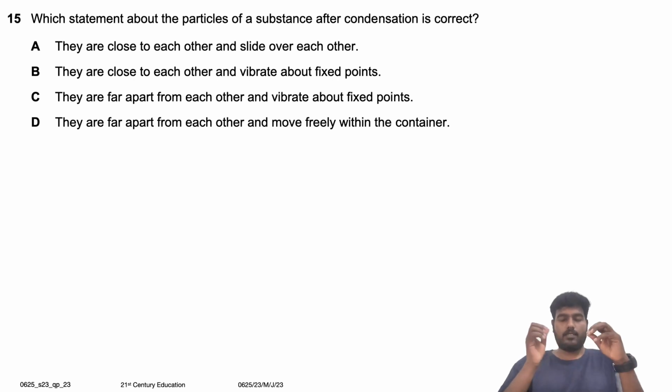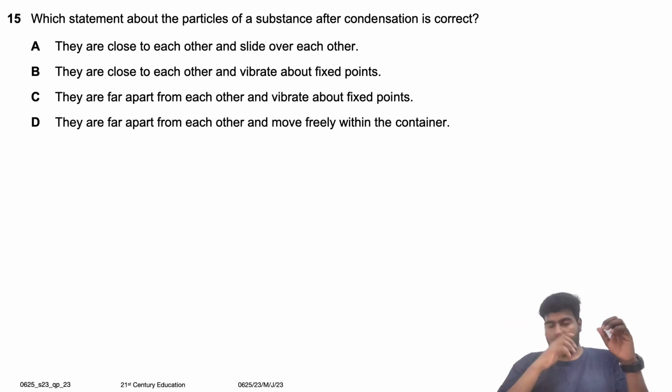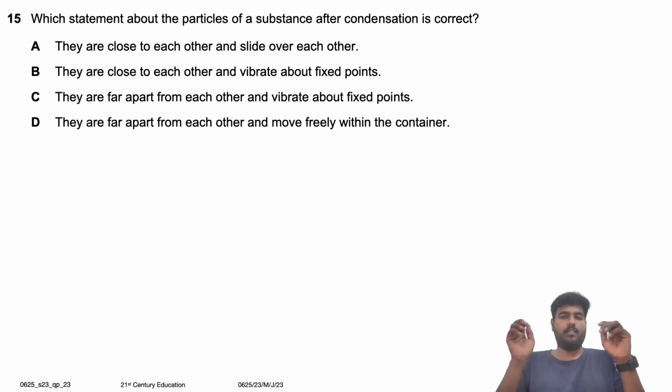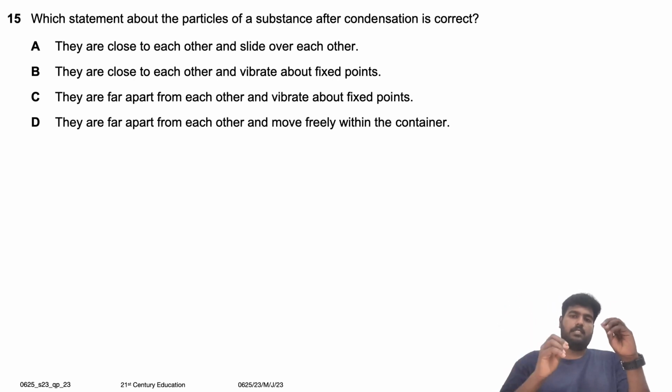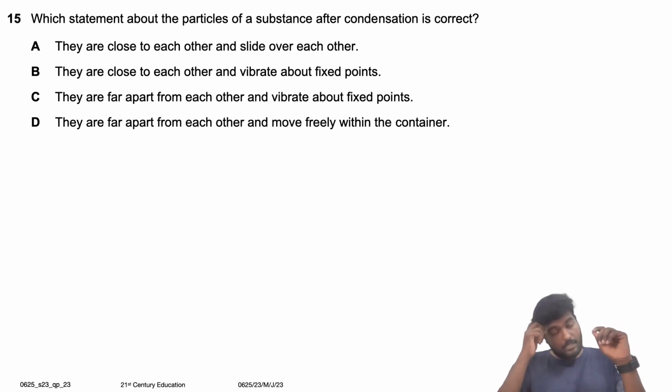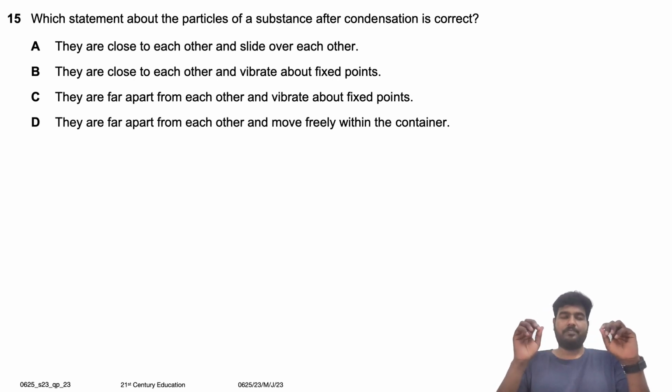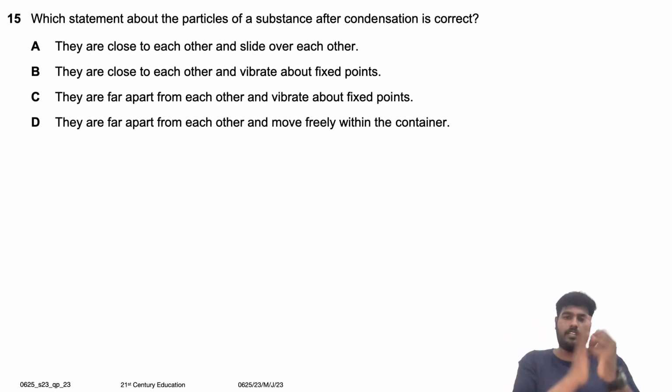When they are water vapor, the particles are far apart, they have more kinetic energy, so they are flowing here and there. When they are condensed, remember that they are not frozen. Frozen means it becomes solid, it becomes ice, so they have fixed positions. But it's just condensation, so they are liquid. Now they are close to each other and slide over each other. This is the property of a liquid.